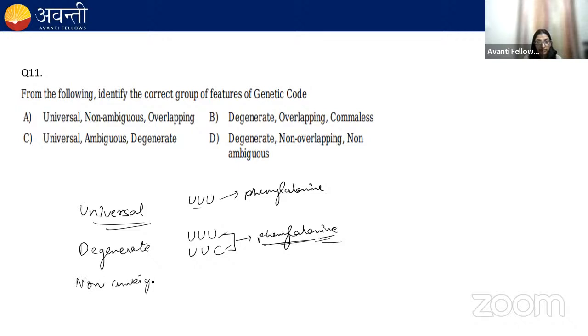Non-ambiguous means that each codon codes for a specific amino acid.